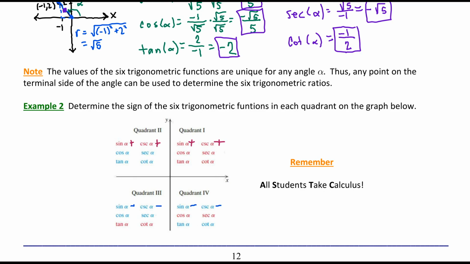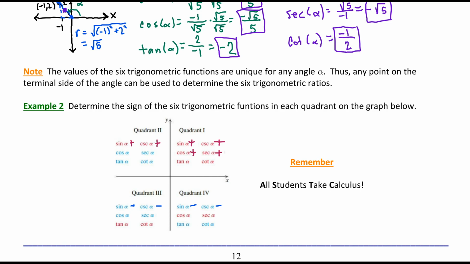When we consider the sign of cosine, remember cosine is equal to x divided by r, so cosine is determined by the sign of x. Looking in quadrant 1, because x is positive in quadrant 1, cosine is positive in quadrant 1. Similarly, secant, its reciprocal, is positive.